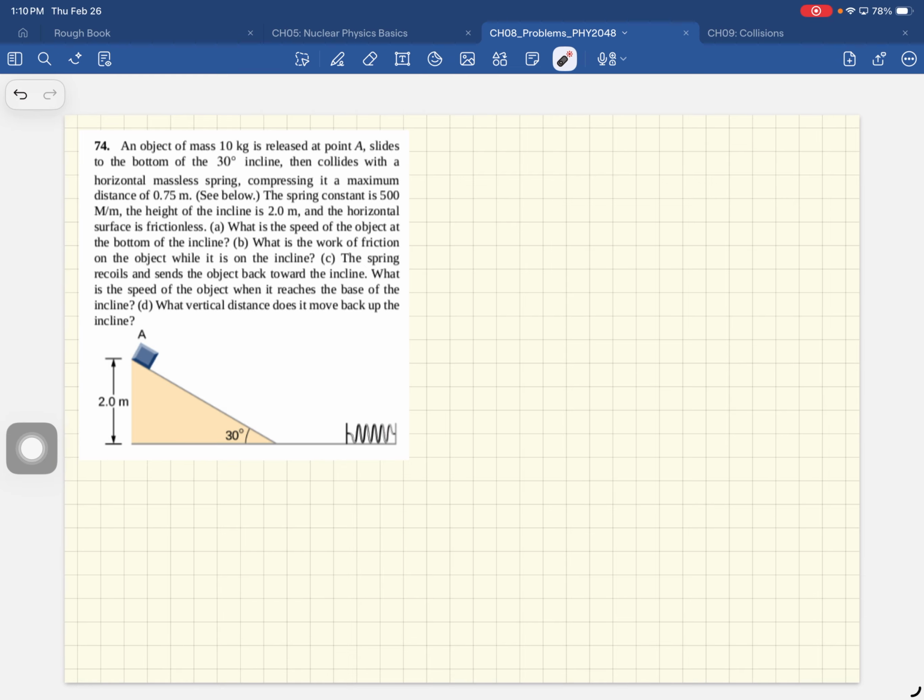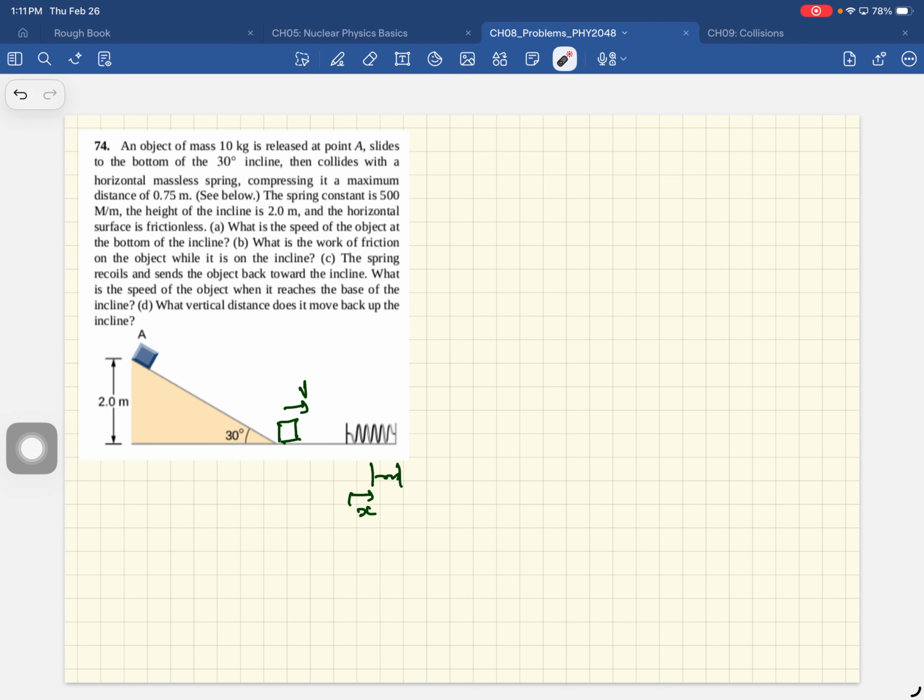All right, so let's see. What is the speed of the object at the bottom of the incline? We'll calculate the speed using how much the spring was compressed. So this kinetic energy gets converted to the compression.